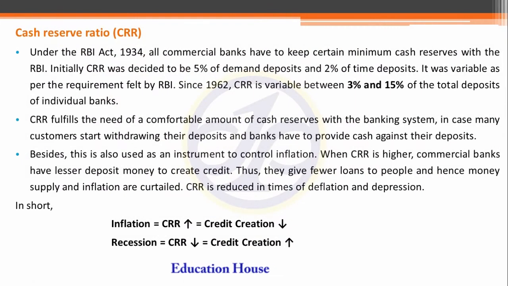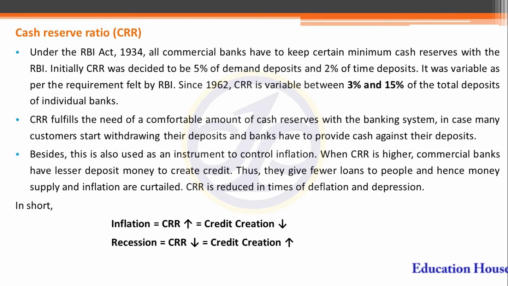Number four is the cash reserve ratio. We learned the cash reserve ratio in the previous video in terms of the credit creation process. Actually, every commercial bank gets primary deposits on which it has to maintain a minimum reserve fund, which is known as the cash reserve ratio.